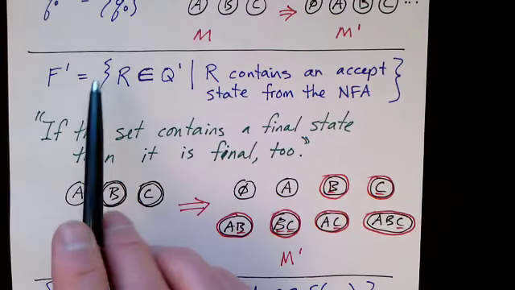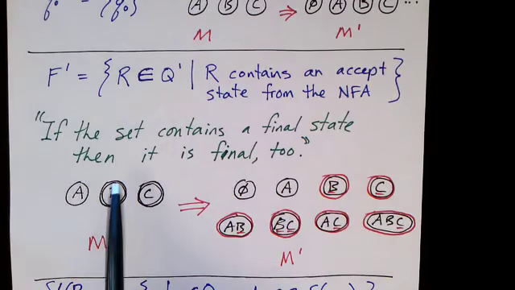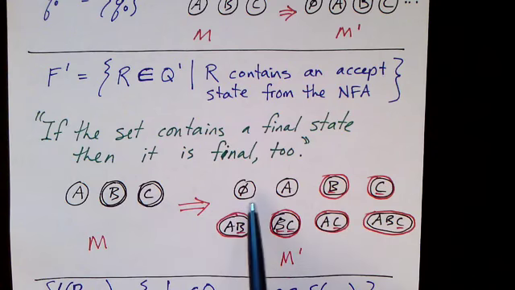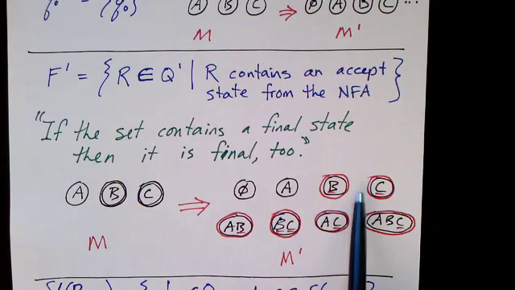For final states, well, if, for example, our non-deterministic machine has final states B and C, then in the deterministic version, any state that contains a B or a C has to be a final state.